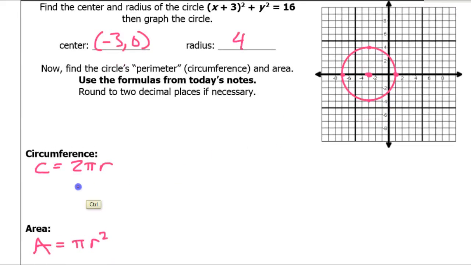So now let's talk about the circumference. The circumference is going to equal 2 pi times the radius. So that'll be 2 pi times 4.